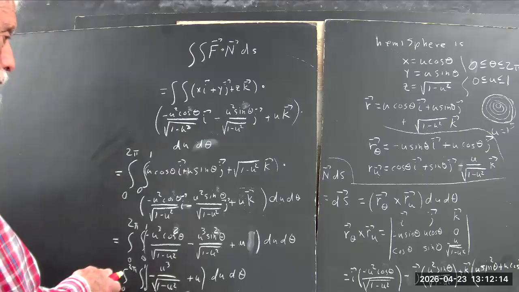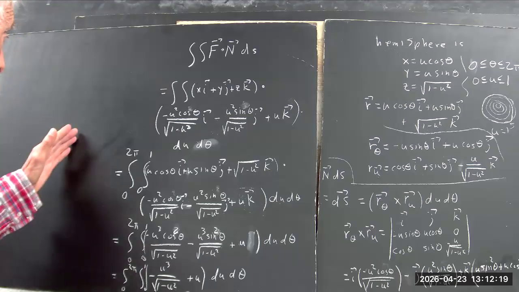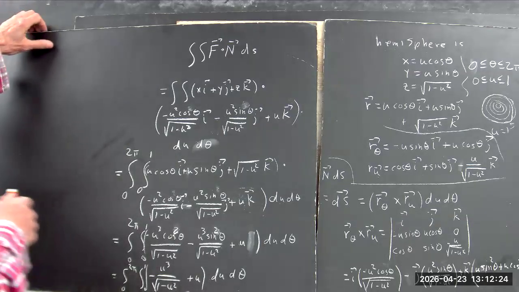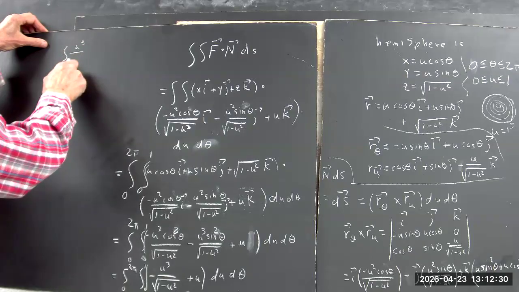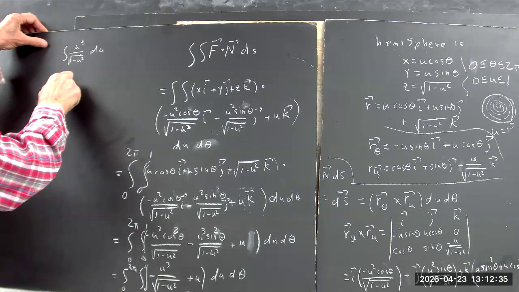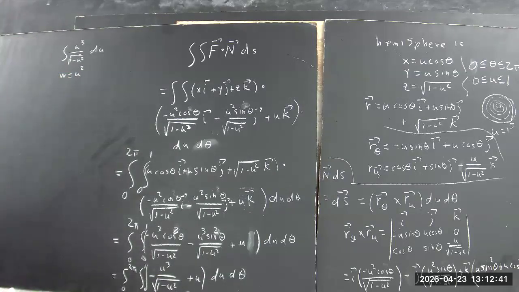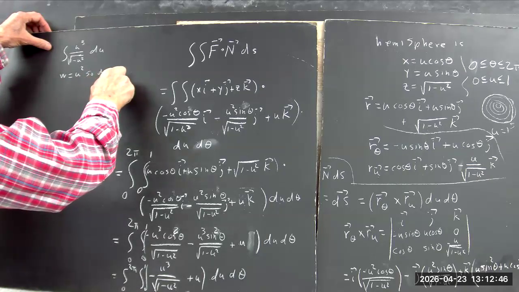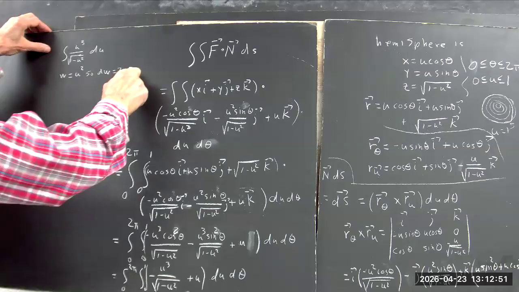Should be something that's halfway familiar to you from first year calculus. Make a little note up here. Let's let w equal u squared. dw equals 2u du.